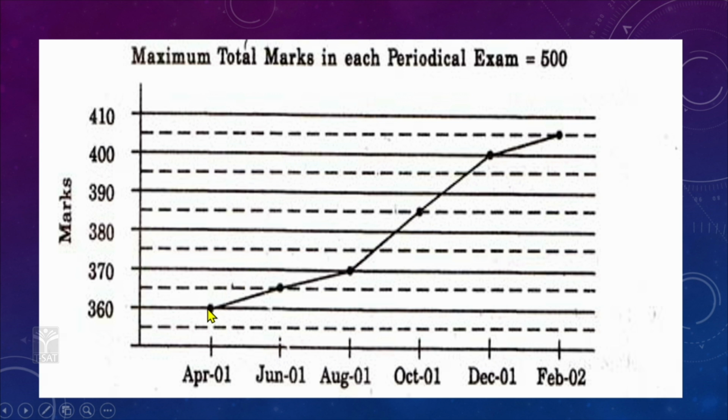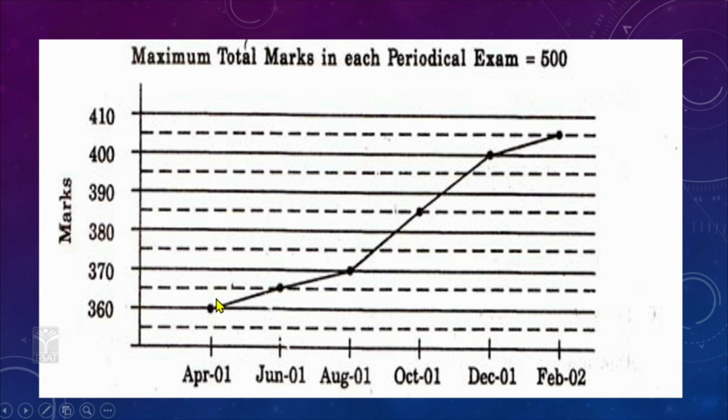So you join this point to this point with a line segment, this point to this point a line segment, and so on. This we simply call a frequency polygon.